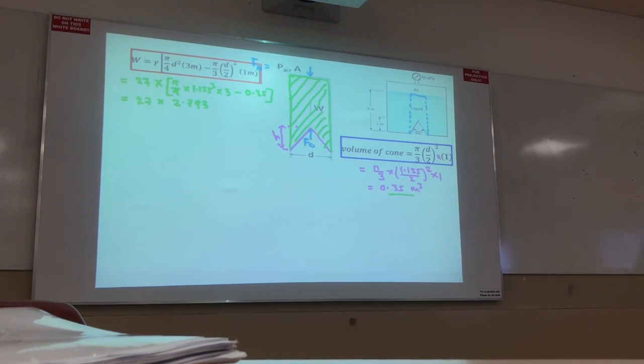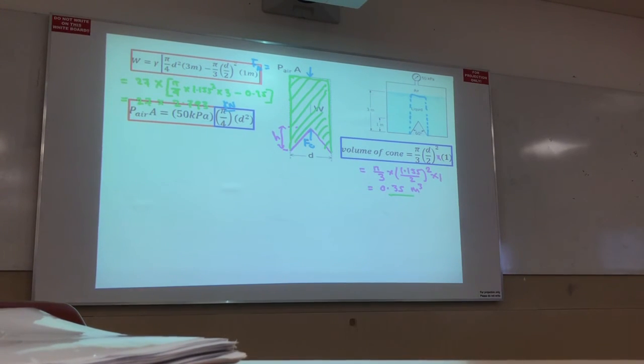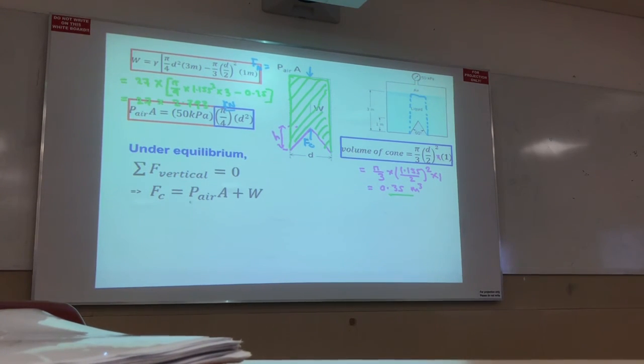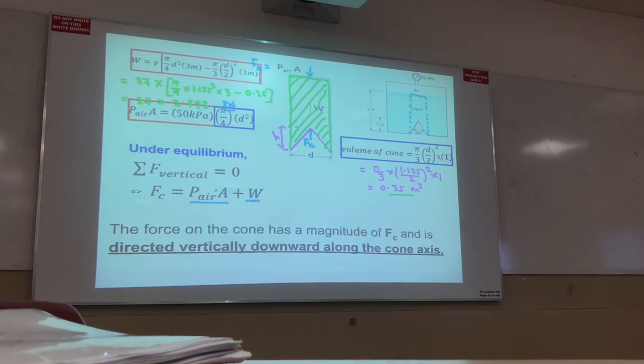Alright? So this is kilonewton I get. Then area of air pressure. I showed you before, right? This number. Then under equilibrium condition, I can write Fc becomes air pressure times area plus W.